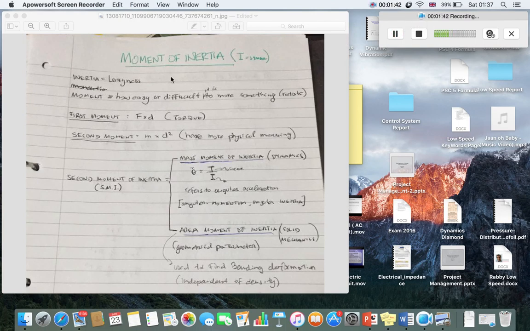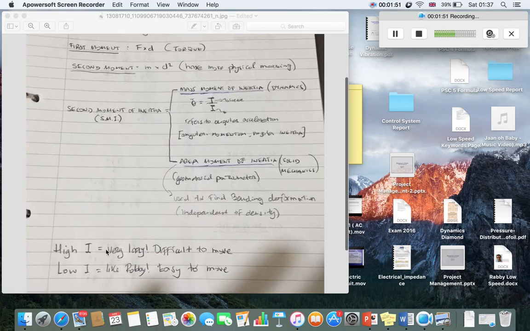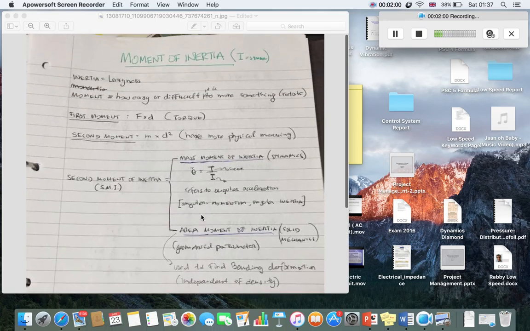So now we'll talk about the moment of inertia, and inertia is about laziness, so how easy or difficult it is to move something. So if the moment of inertia is high, it means it's very lazy, so it's difficult to move or to stop the object while it's rotating. And if the moment of inertia is low, then it's easy to move or easy to stop. And we have the first moment of inertia, which is force times distance, which is equivalent to torque.